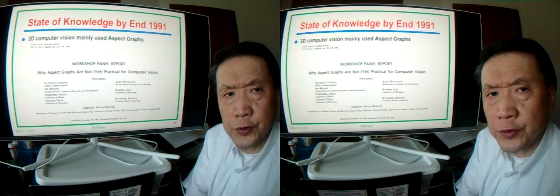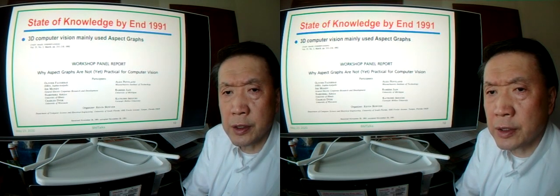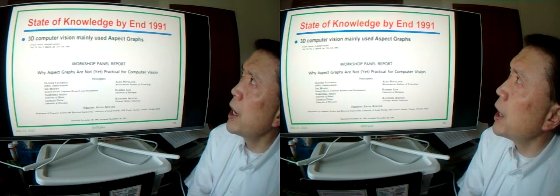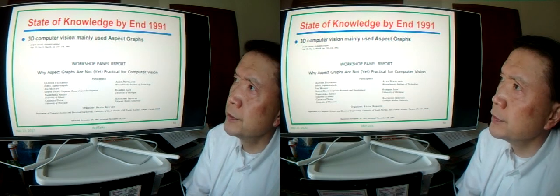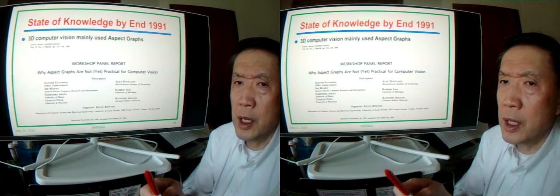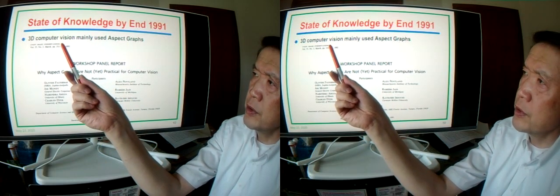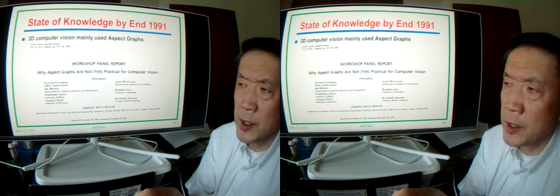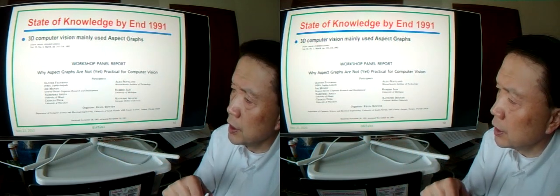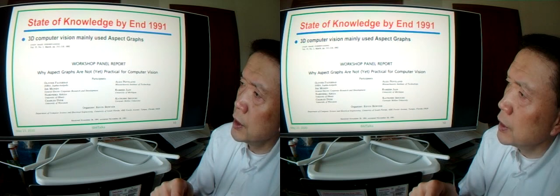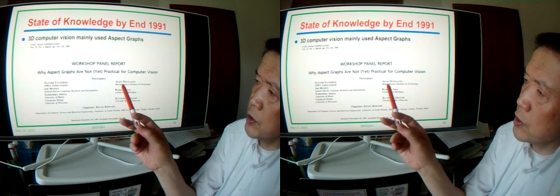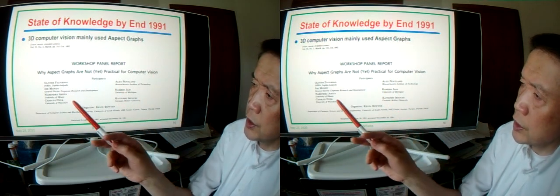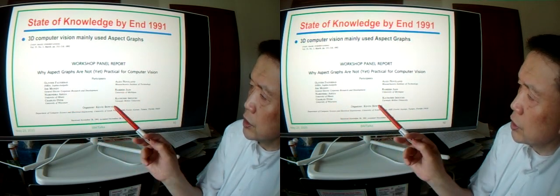Let's first review the state of the art of computer vision by the end of 1991. In the symbolic school, the major approach for 3D computer vision is the aspect graph. This particular workshop report is from some very well-known individuals: Faugeras, Pentland, Mundy, Jain, Ahuja, Dyer, Ikeuchi.